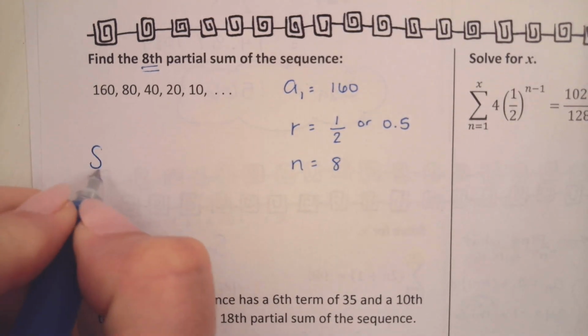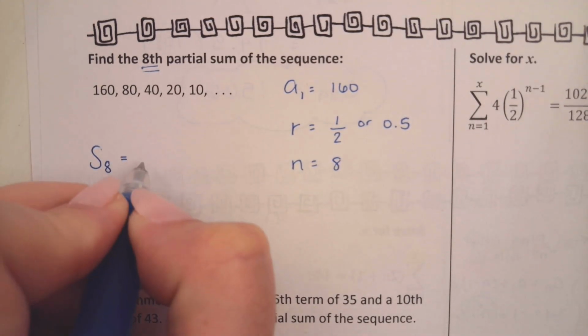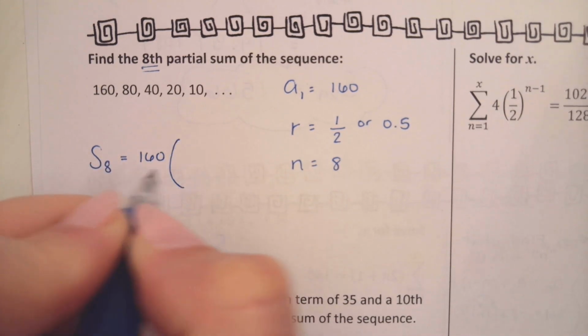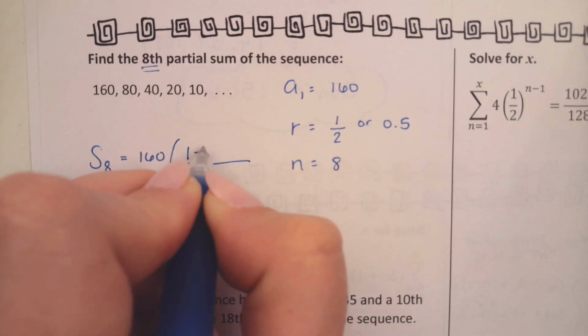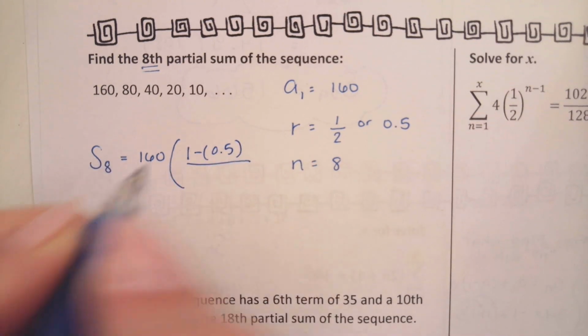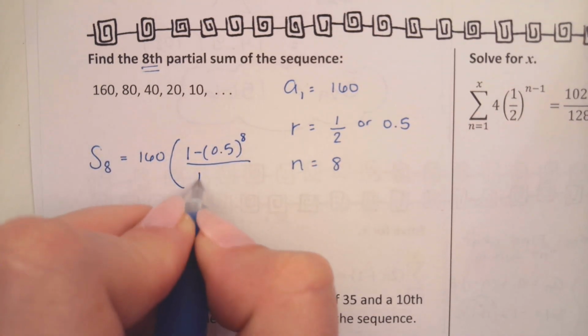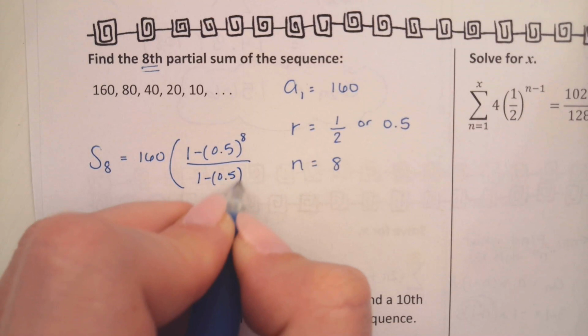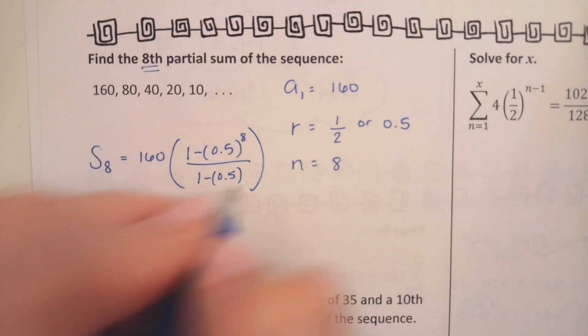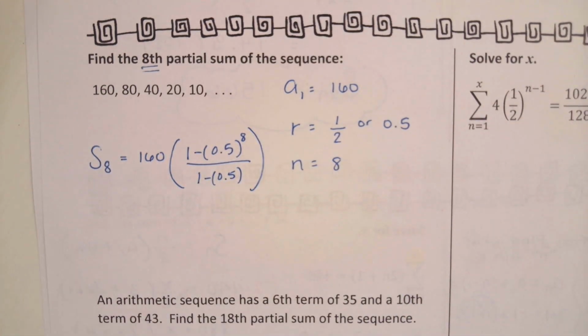So we're going to plug those all in. Sum of the first 8 numbers is 160, big fraction, 1 minus the common ratio to the 8th power over 1 minus the common ratio. 1 minus 0.5 to the 8th power over 1 minus 0.5.